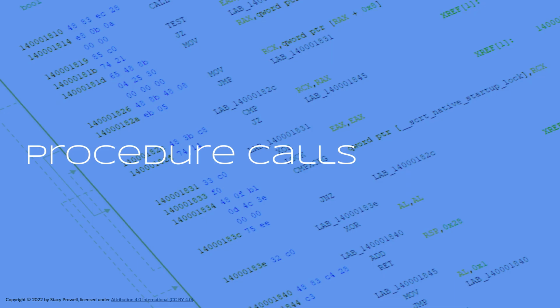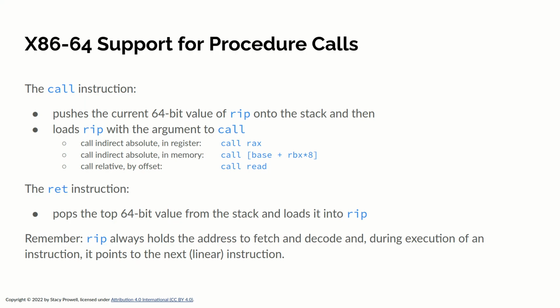Now that we know how the stack works, we're almost ready to talk about procedure calls. The call instruction is the instruction on the x86 that implements procedure calls. The way that it works is as follows. It pushes the current 64-bit value of the instruction pointer onto the stack.